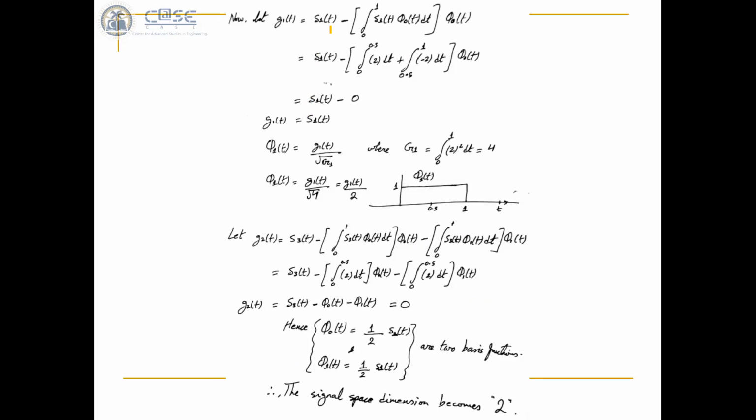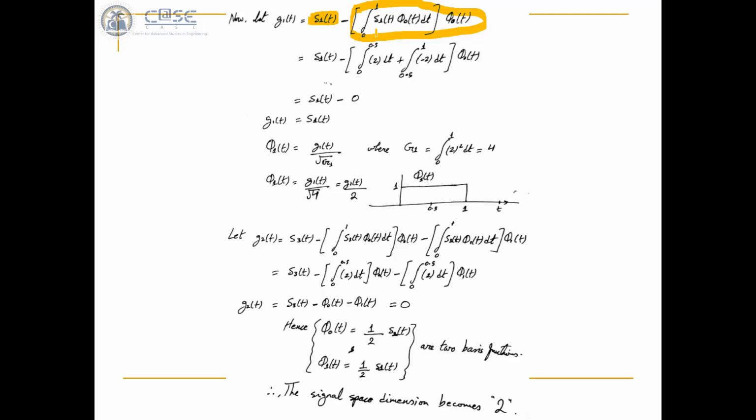So S1 of t, chosen in the second step, is placed here, and out of it we are going to subtract the contribution or the projection of S1 of t onto the previously calculated basis function in this step. So this is how you do it. The term in brackets is the contribution projected using the previously calculated basis function phi naught of t.